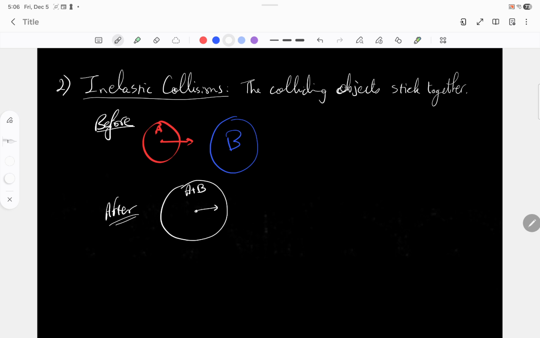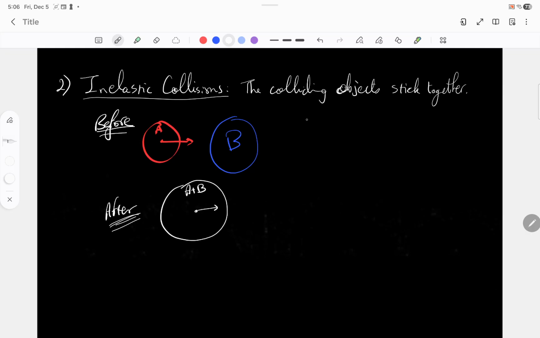When we look at the formulas, we're going to track the momentum of all the objects before and the momentum of the objects after. So what is the momentum in the before image?